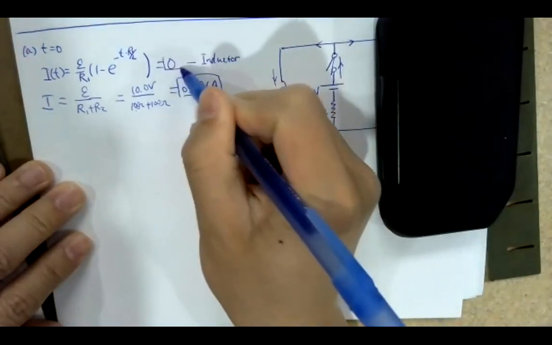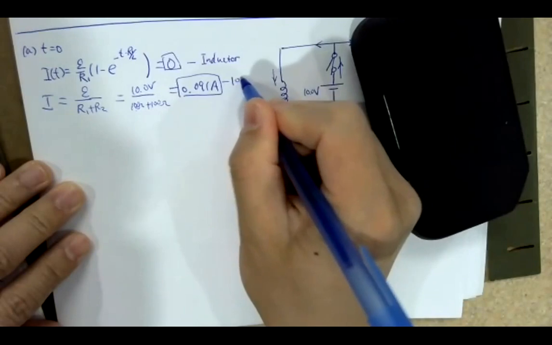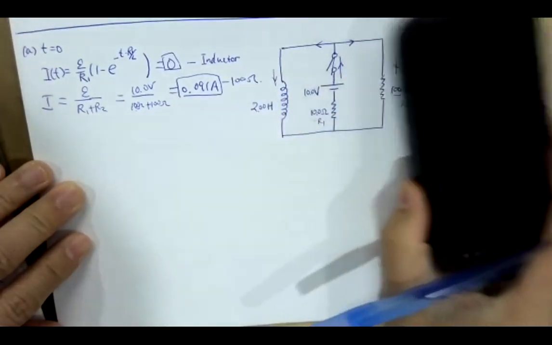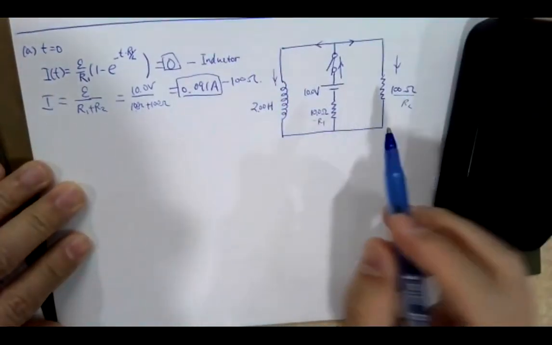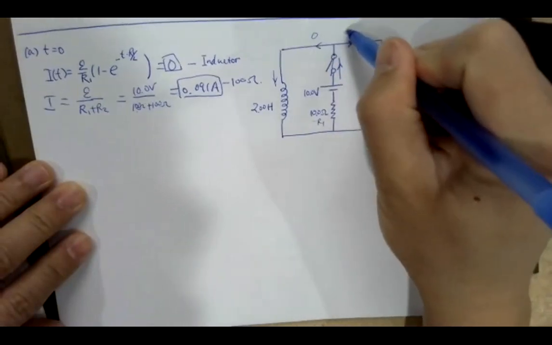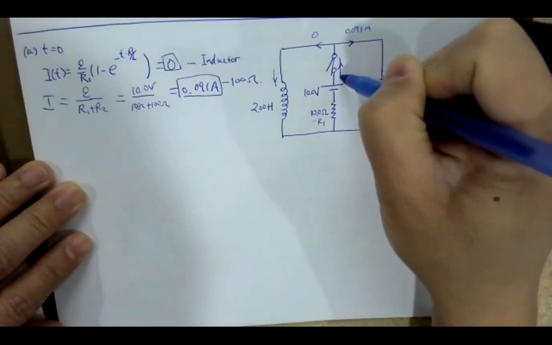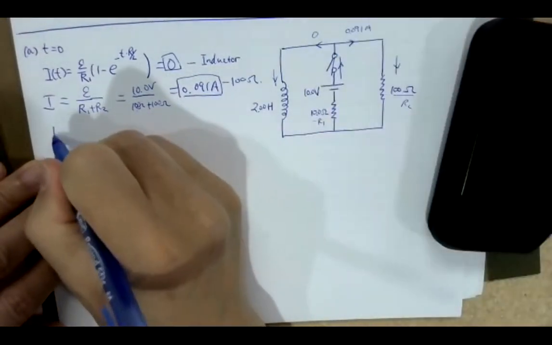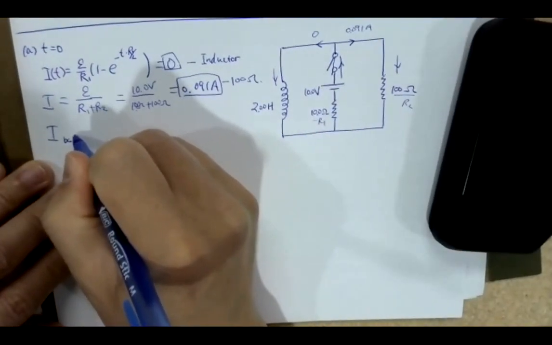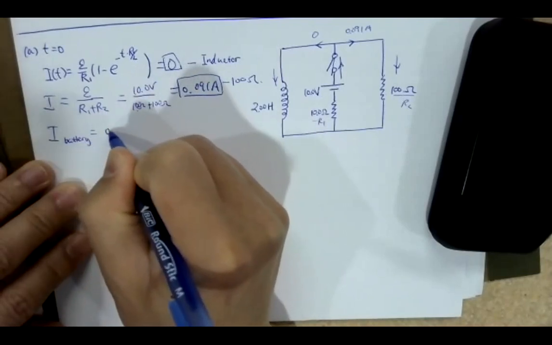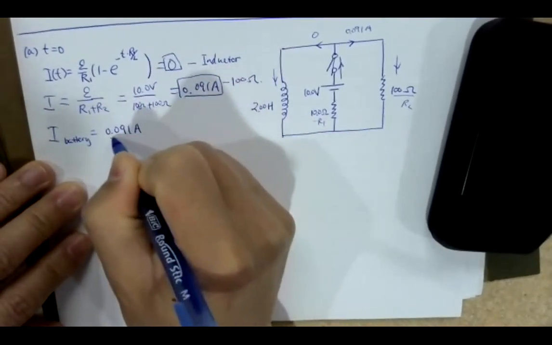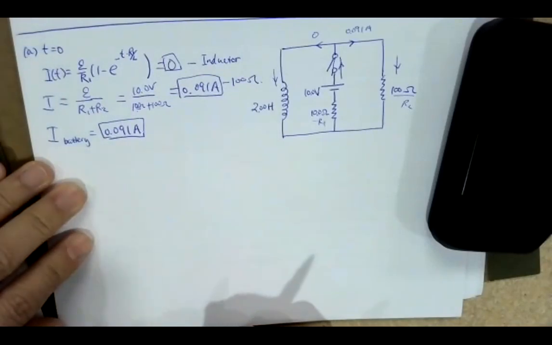That's the current on the 100 ohm resistor. So there's 0 here and 0.091 amps here. The current going through the battery should be those two added up, so the current on the battery is just 0.091 amps.